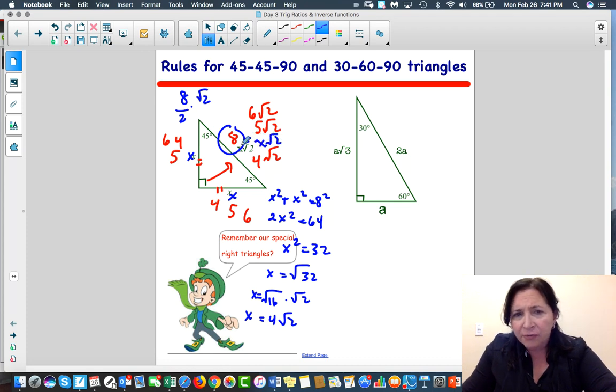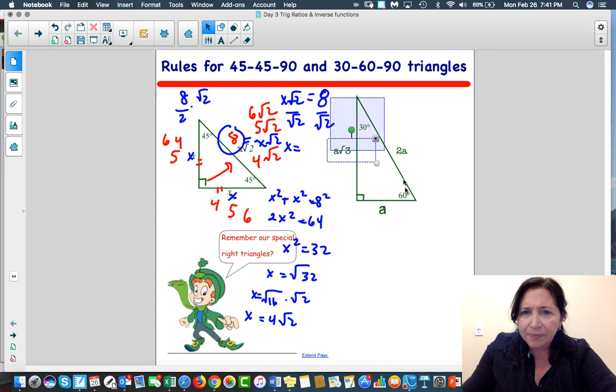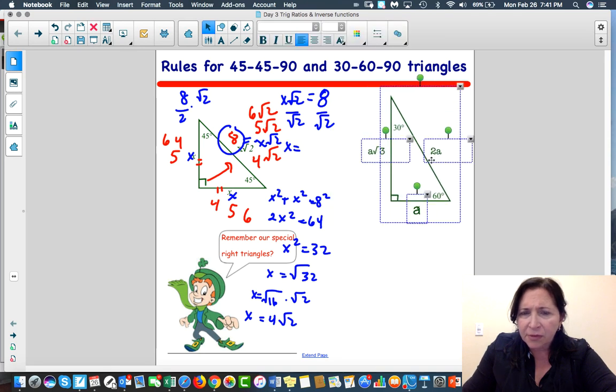By doing that, we're dividing by root 2 on both sides. We get x is equal to 8 divided by root 2. Now, we wouldn't leave that root in the denominator. Let me move this over to the right.